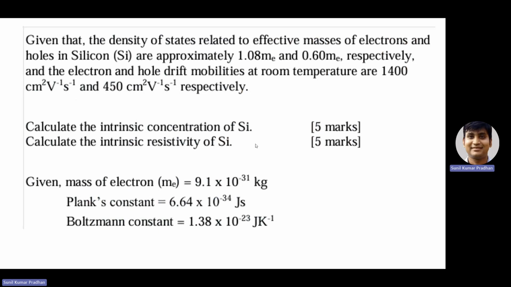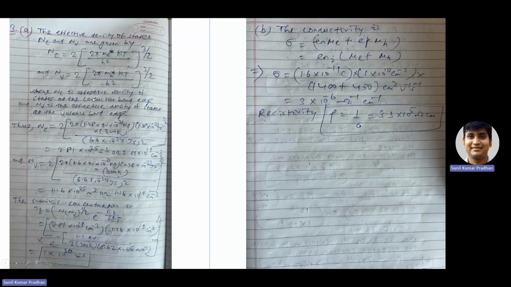So how can we solve? The effective density of states at the conduction band edge, and the density of states at the valence band edge, are given by this relation. Nc is 2 into 2 pi me star kT divided by h square to the power 3 by 2. Similarly, the density of states at the valence band edge is given by 2 into 2 pi mh star kT by h square to the power 3 by 2. Here me star and mh star are the effective mass of electron and effective mass of hole respectively.